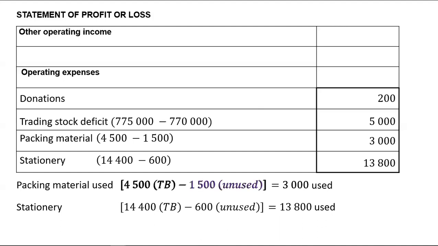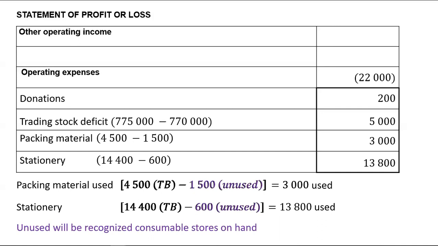Just re-emphasizing, you minus what has not been used. The unused part will be recognized as consumable stores on hand. Add all those expenses, your total operating expense will be sitting at 22,000, and you will put that in brackets because it's an expense.